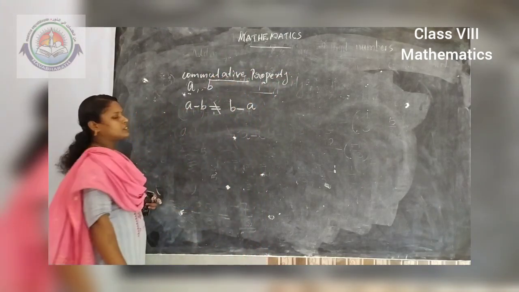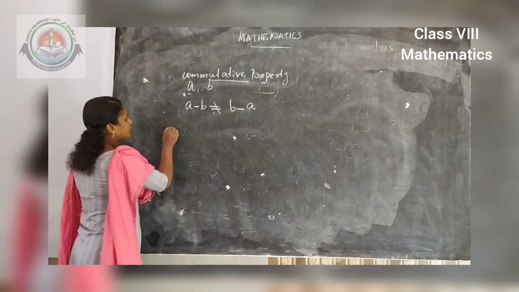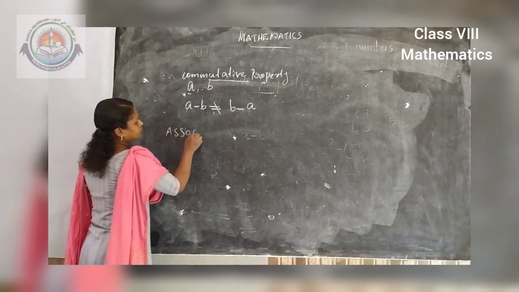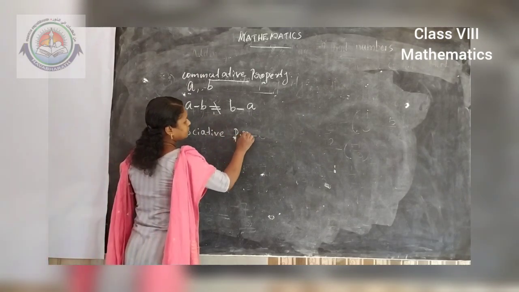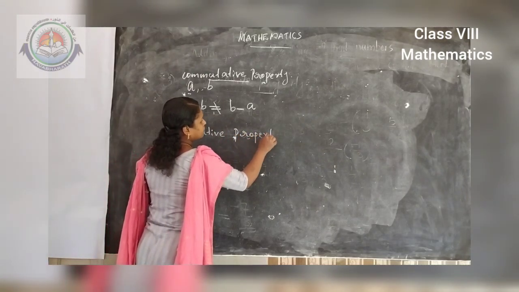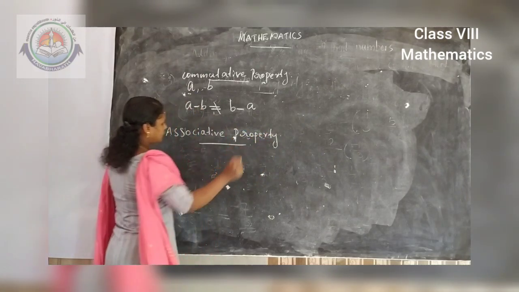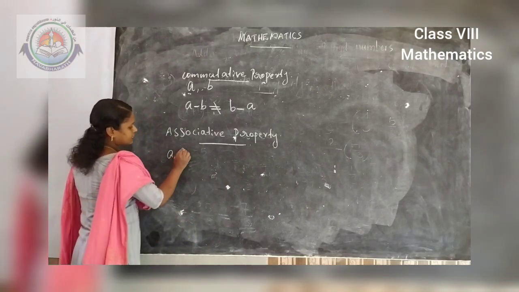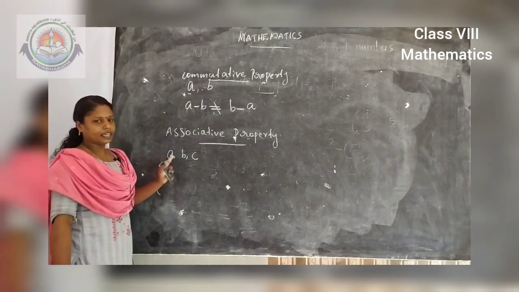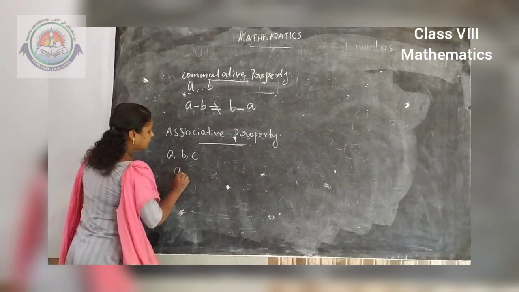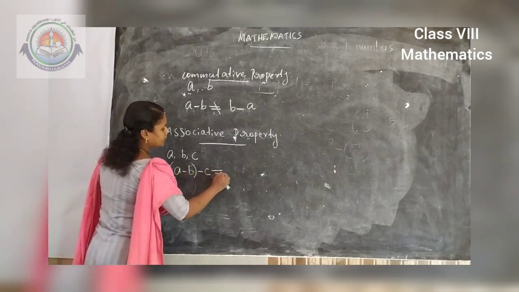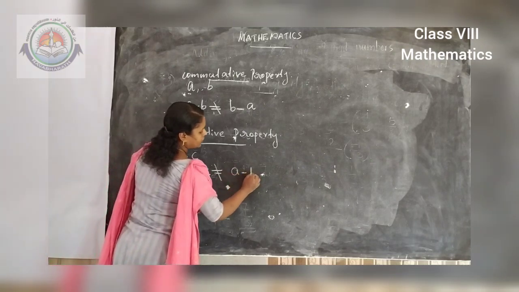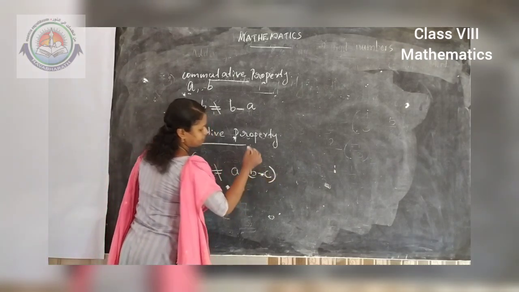And the third one, the associative property. We need three rational numbers a, b and c. Then (a minus b) minus c is not equal to a minus (b minus c).